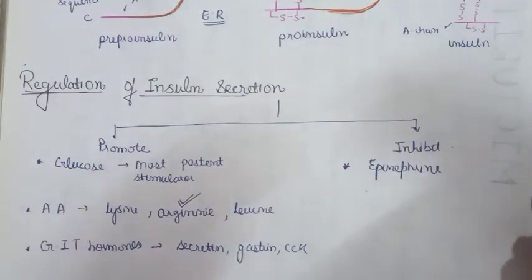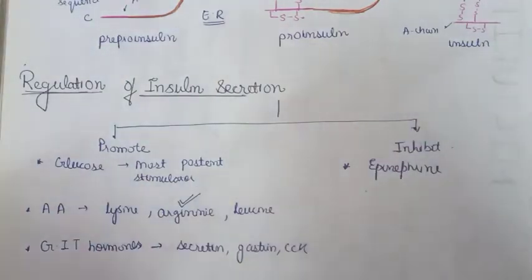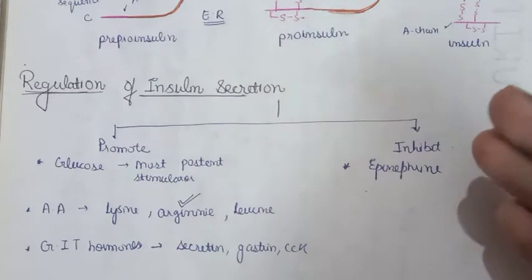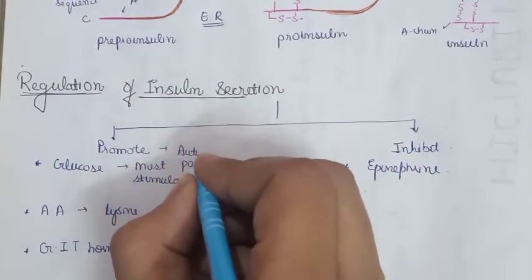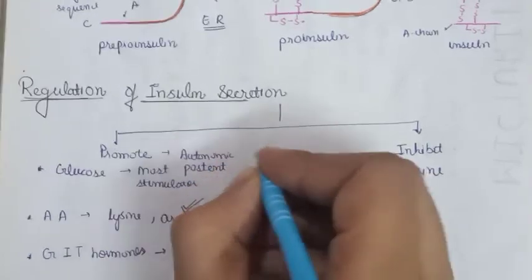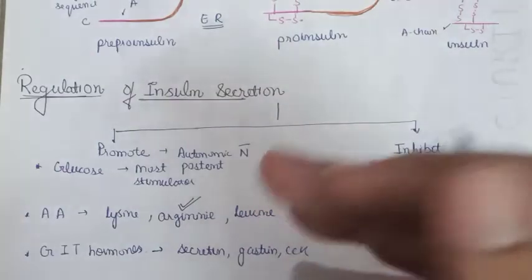We have three factors that promote the synthesis of insulin, and the most important factor which inhibits is the epinephrine. Autonomic nerves which supply the pancreas can also, when stimulated, increase the synthesis of insulin.